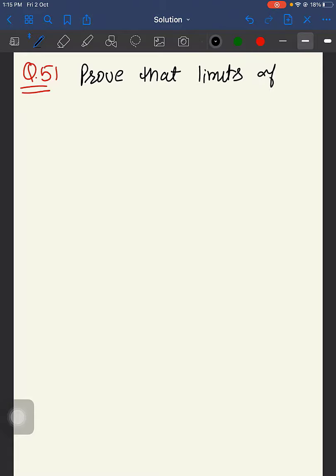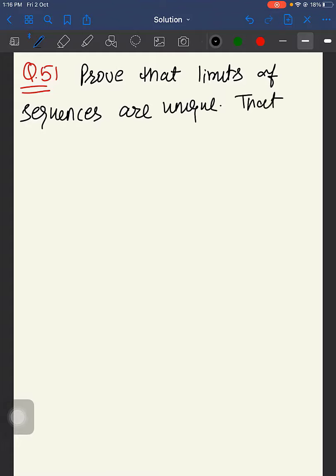Okay, so next is question number 51. That actually states the uniqueness of the limit. That is, prove that limits of sequences are unique.